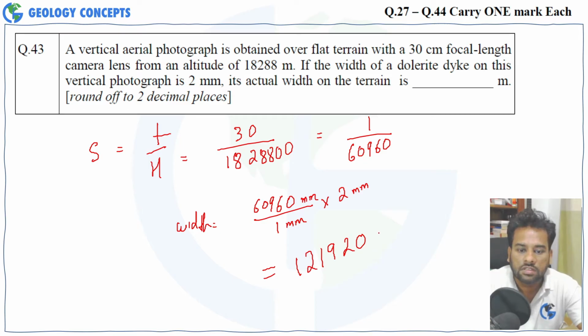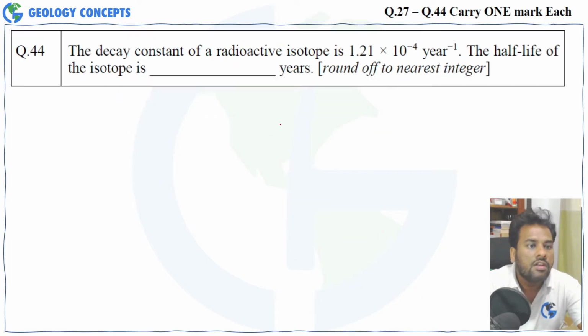Convert this into meters: I divide by 1000 to convert millimeters into meters. So it will be 121.92 meters, and that will be the answer.